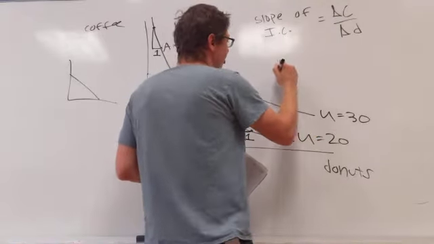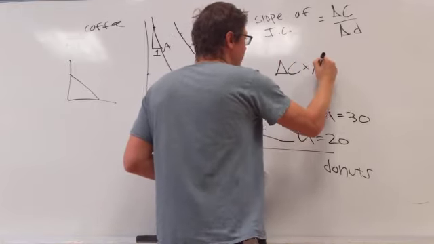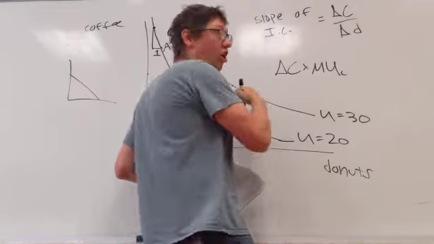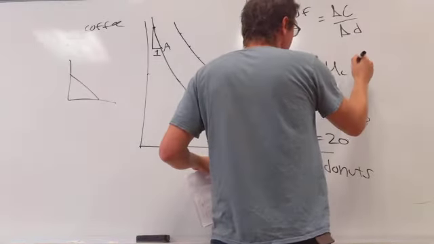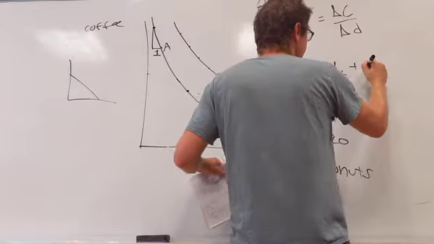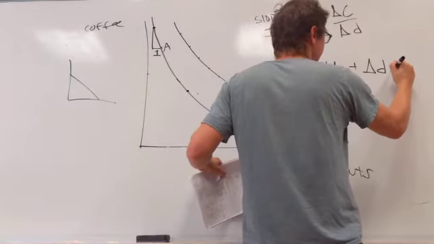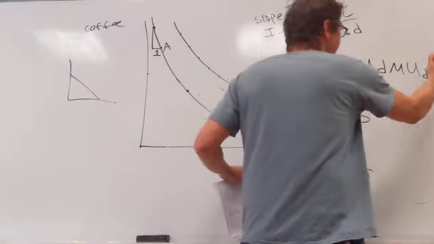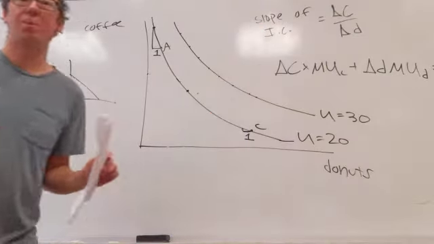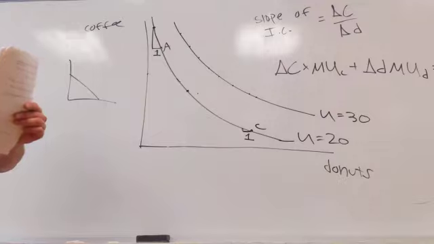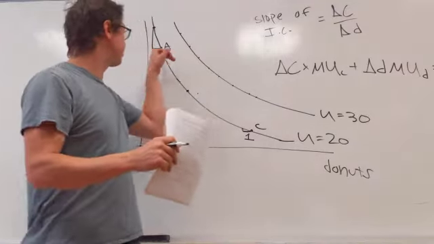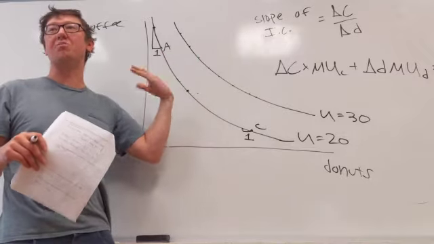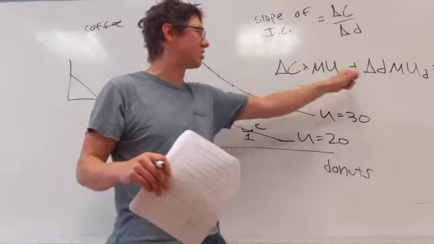Just bear with me, this might not be immediately obvious why it's true. I could say that the change in coffee times the marginal utility of coffee, along an indifference curve, plus the change in donuts times the marginal utility of donuts, have to sum to 0. It's just like this example: if I take away a donut but give you some coffee while keeping you equally well off, another way of saying it is that these two things have to sum to 0.